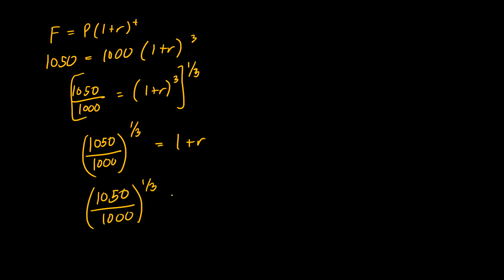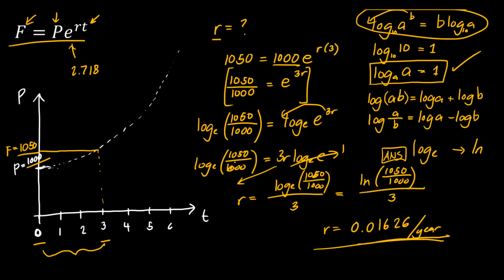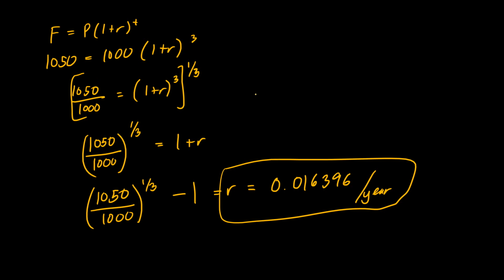You can cube root this one, and then we transpose 1 to the other side, and then we're left with r. I'll just give you the value. The r here is 0.016396 per year, which is near the value we obtained using a base of e, right? So there you go.